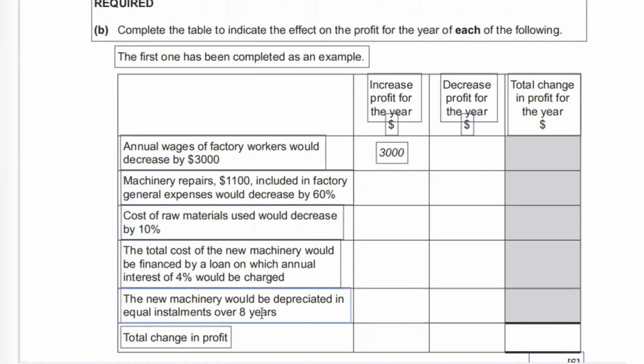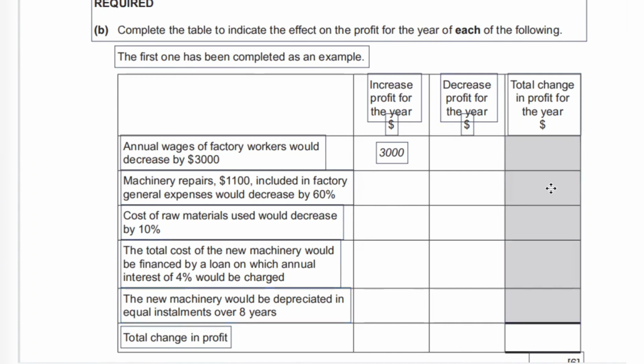The existing machinery depreciation is 12,000 and the new machinery cost is 100,000, depreciated over 8 years, its useful life. So 100,000 divided by 8 would be 12,500. Previously, the depreciation was 12,000. Now it is 12,500. So the depreciation charged has increased by 500. So it will decrease the profit for the year by 500. Depreciation is an expense, and if the expense increases, the profit will decrease.